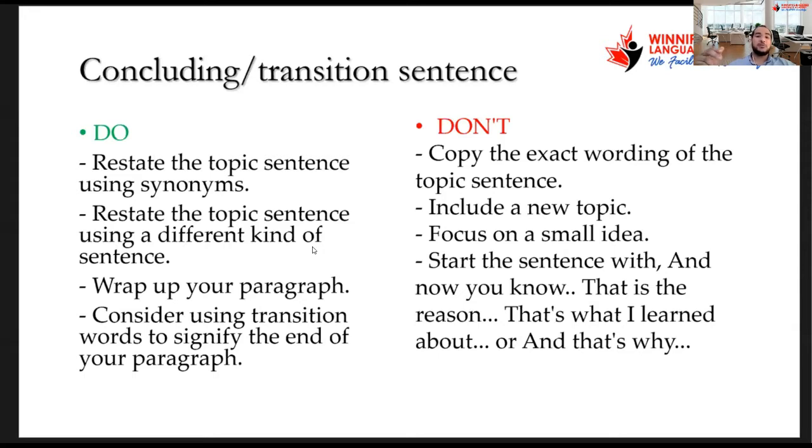So you change the type of the sentence from active to passive, and that's perfectly fine, and that shows the reader that you are mastering your sentences. Then you wrap up your paragraph, so this will be the last sentence. Give your reader the impression that this is the last sentence and there are no more sentences. So you don't need to add a new piece of information at the end.